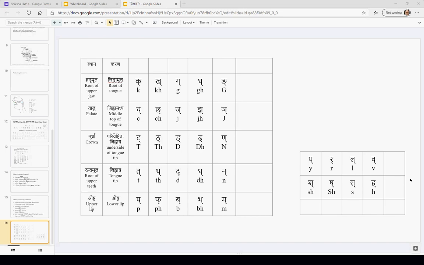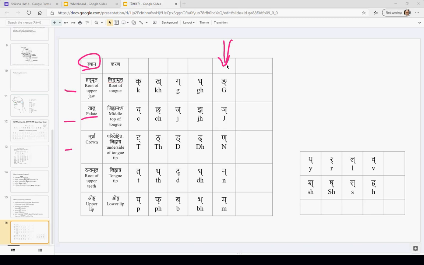Now, before going to external effort, the last column here: the sthanam or the position for each one is defined here, for example, this one is talu.